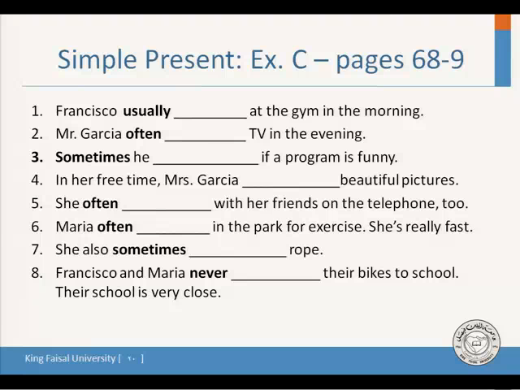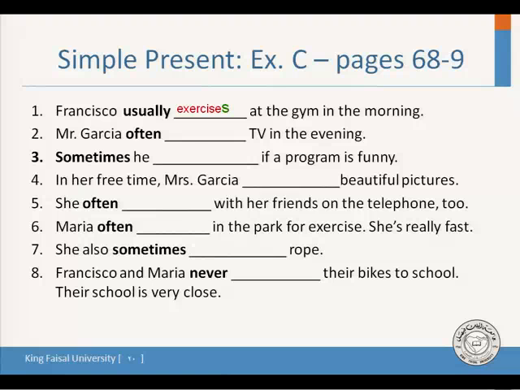And 8, never. Look at number 1. Francisco usually exercises at the gym in the morning. Exercises. So we use the simple present, exercises, with usually. These adverbs of frequency, we use them with the simple present. Exercise, exercises. Play, plays. Not playing or writing.